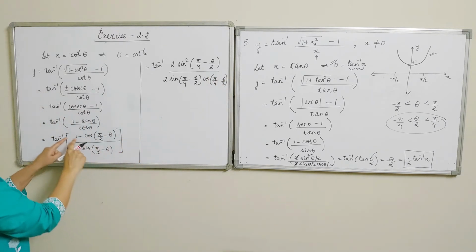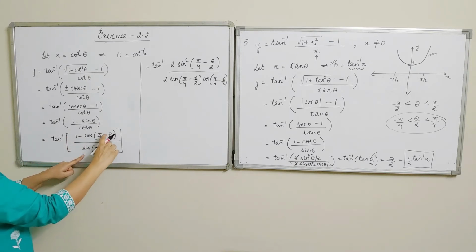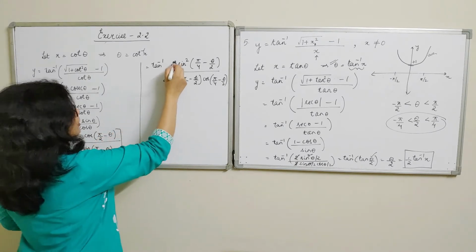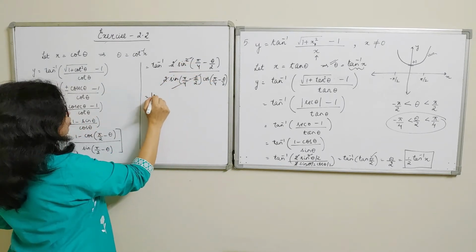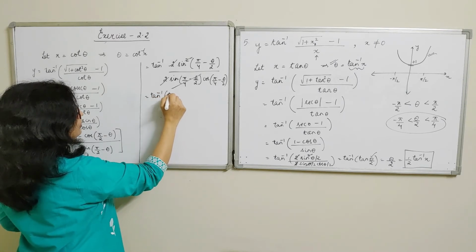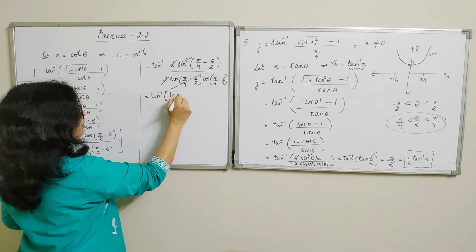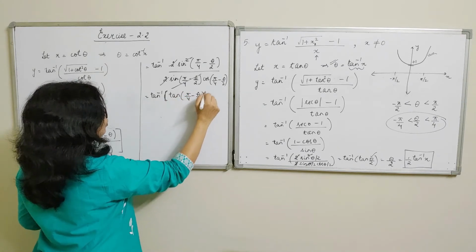Okay, so it's the same formula, 1 minus cos theta upon sine theta. We are just taking care of the angles. So 2 gets cancelled, 1 sine term gets cancelled. So finally we have tan inverse of tan pi by 4 minus theta by 2.